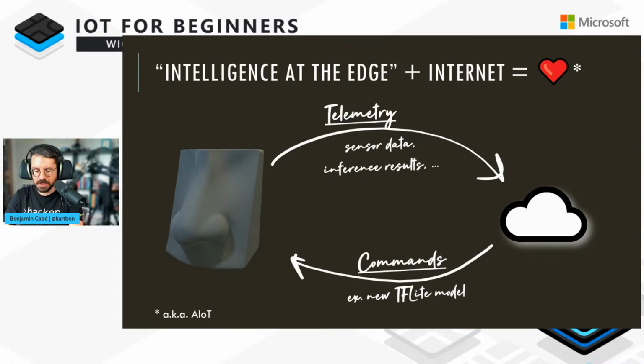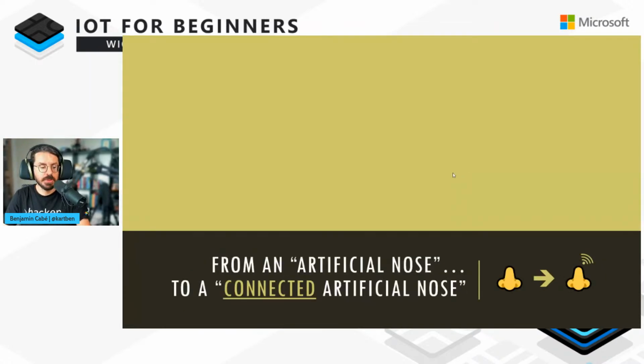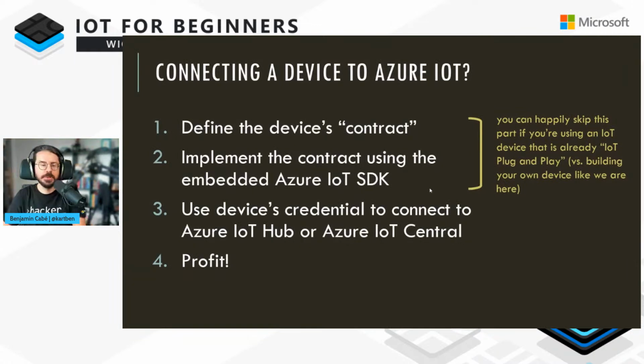And so in my case, what I ended up doing is connecting the nodes to Azure IoT Central, going from an artificial node to a connected artificial node. Here I'm essentially just connecting the dots between what Jim told you about in the previous sessions, which, if you missed, you can definitely find the on-demand versions on YouTube or on MS Learn.